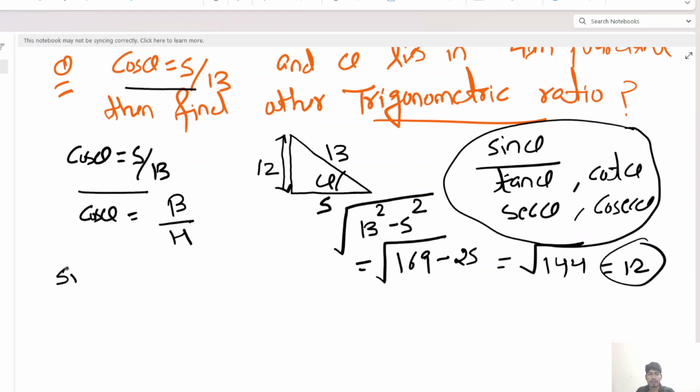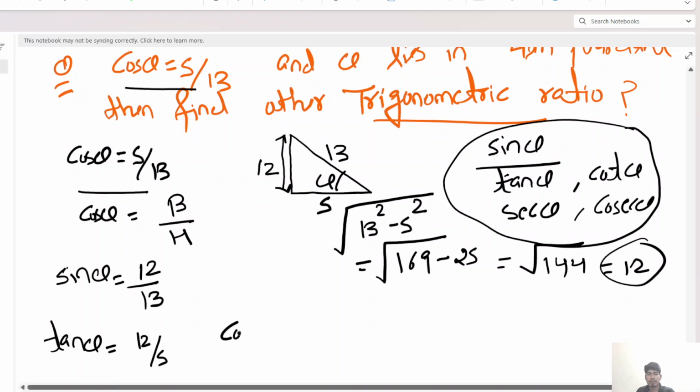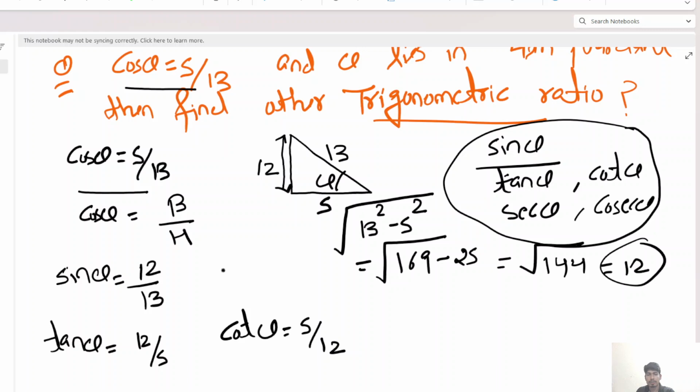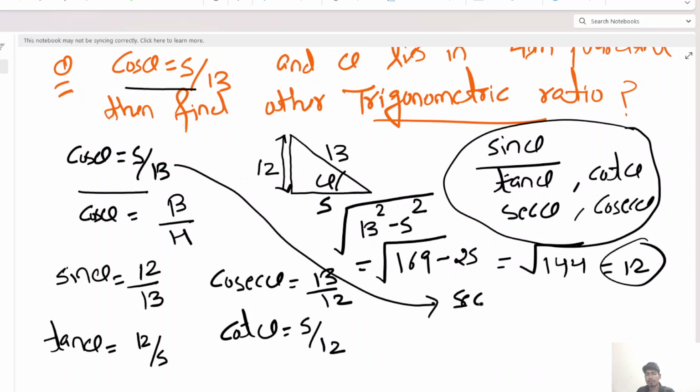Then sin theta is simply 12 by 13 and tan theta is 12 upon 5. Similarly cot theta is 5 upon 12, cosec theta is 13 upon 12, and sec theta is the opposite of cos theta, that is 13 upon 5.